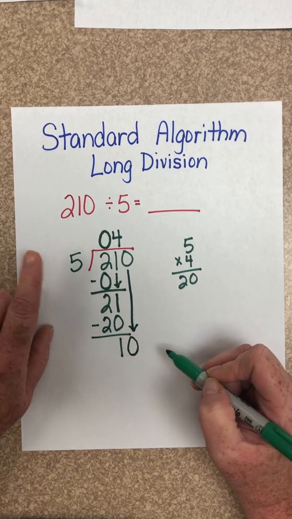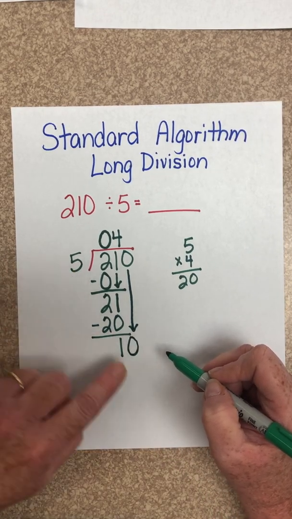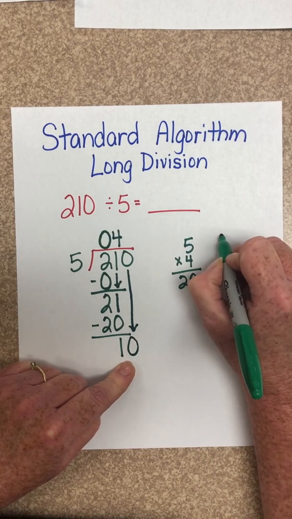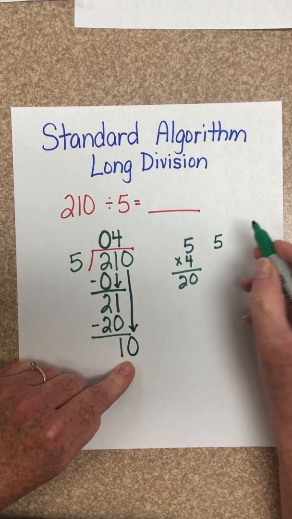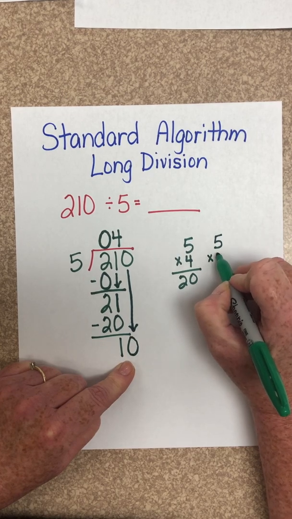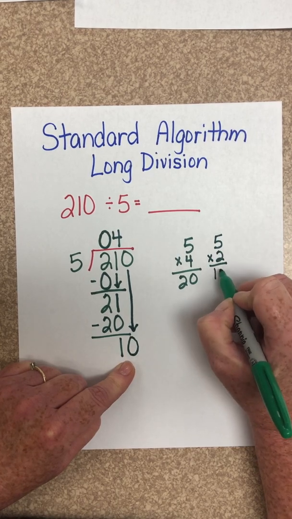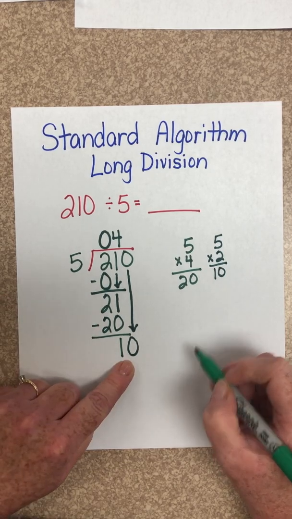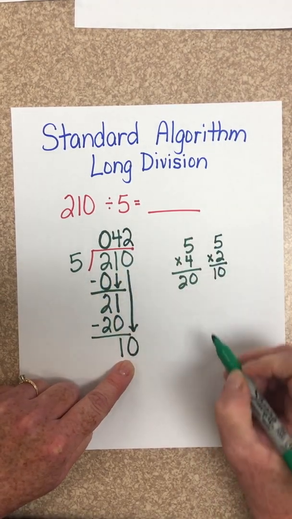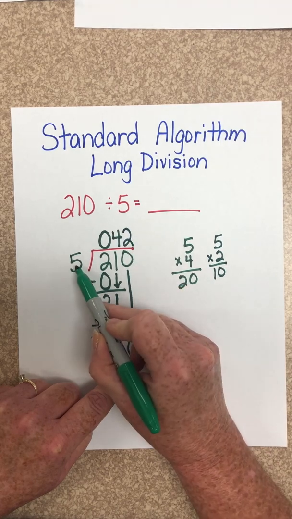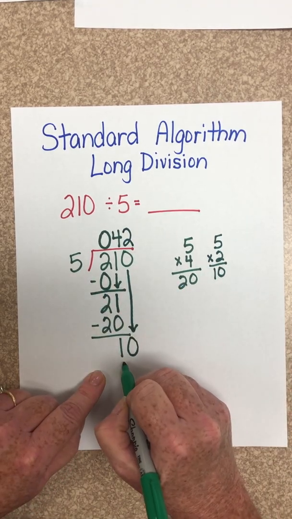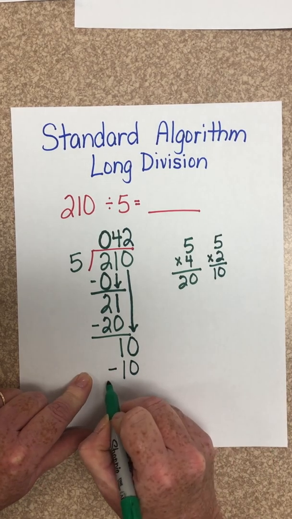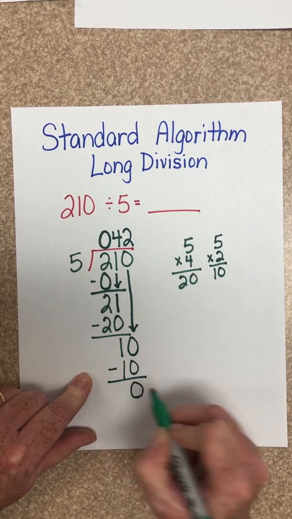So again, we ask ourselves the question, how many 5s are there in 10? Well, just to be sure, let's go to the right and make a note. 5 times 2 is 10. So how many 5s can we get out of 10? 2. 2 times 5 is 10. 10 minus 10 is 0.